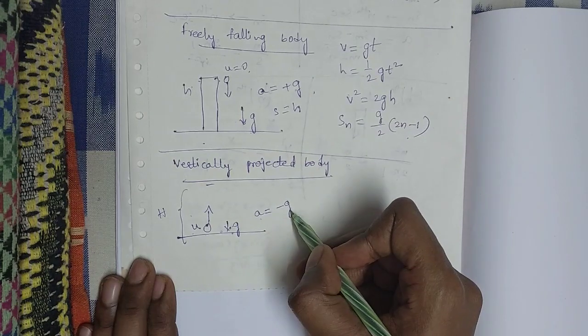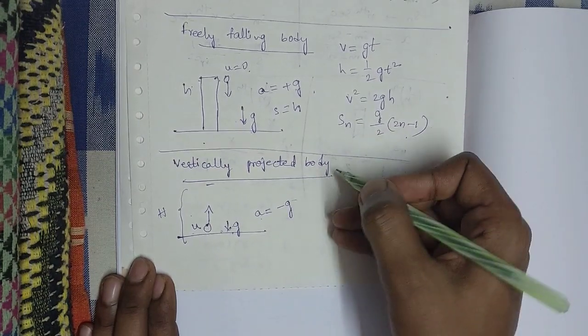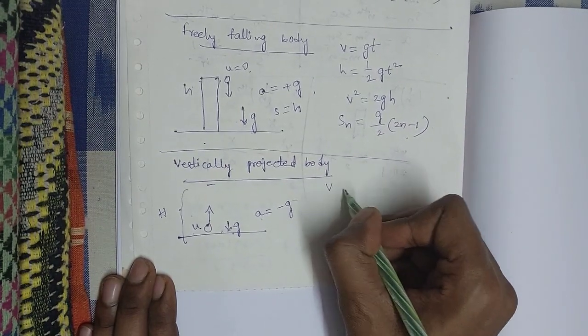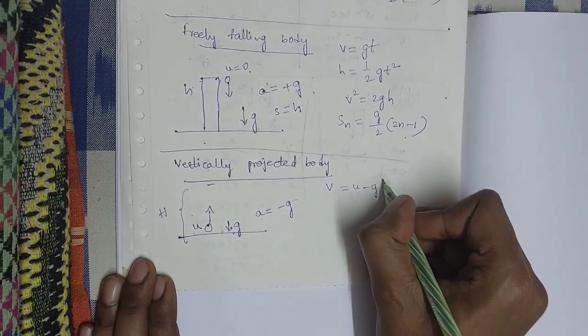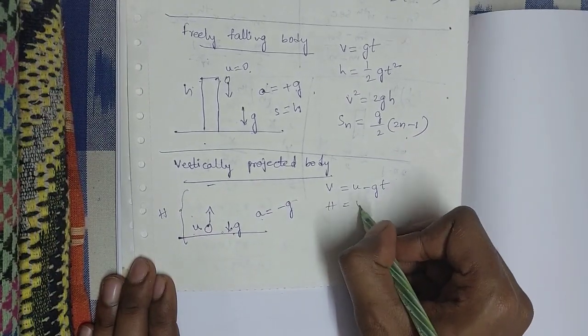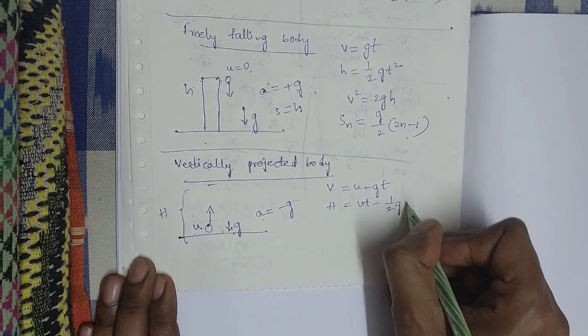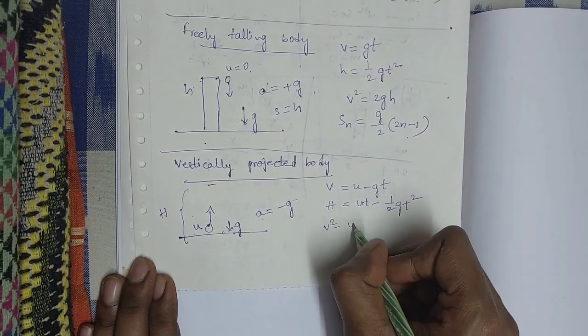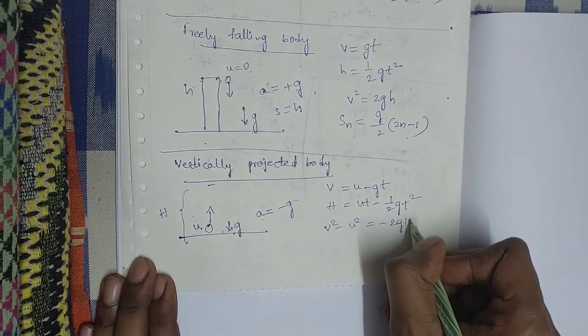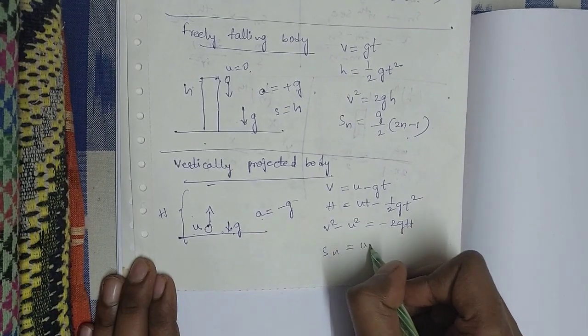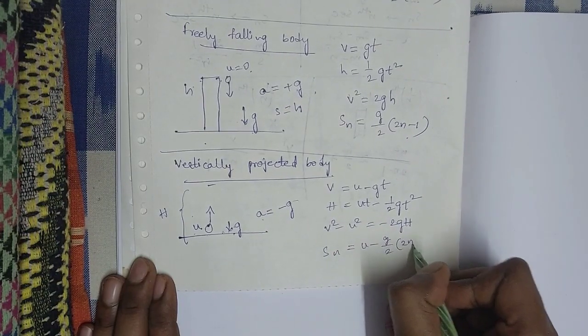Hence, the acceleration is minus g. The basic formulas become v equals u minus gt, h equals ut minus half gt square, v square minus u square equals minus 2gh, Sn equals u minus g by 2 into 2n minus 1.